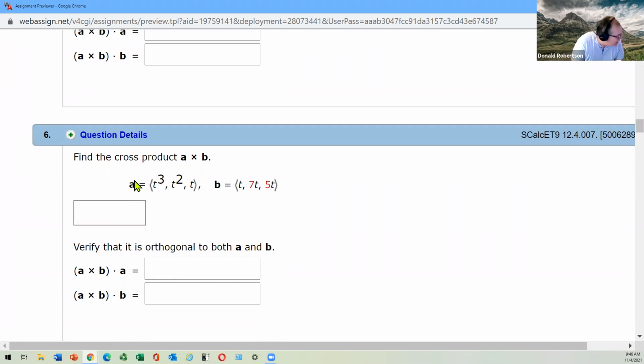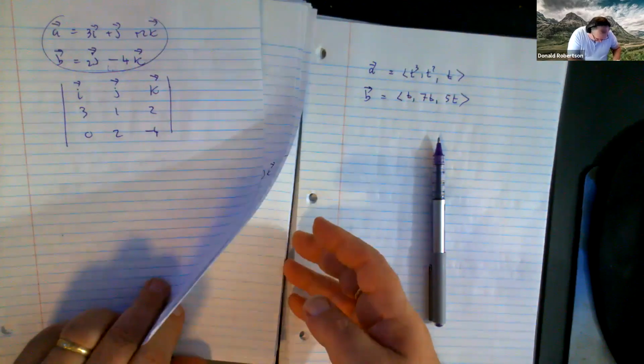I have a vector A, which is t cubed, t squared. I'm just writing this down. You'll see it in a minute. And B is a vector t, 7t, 5t. And we are going to find the cross product of them. So as long as I stick to the process, I'll get the right answer, right?